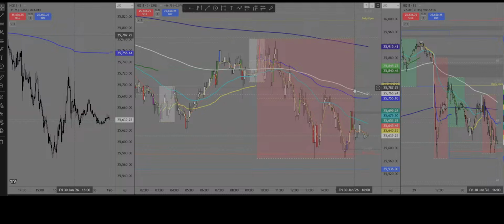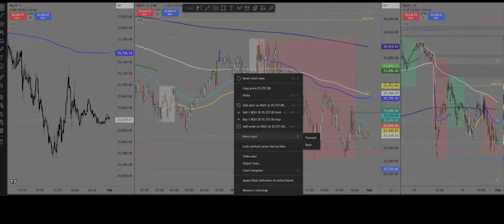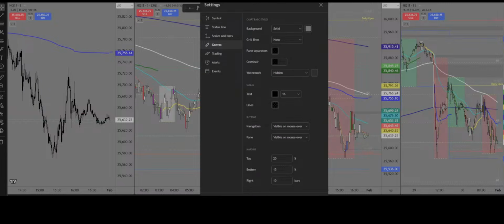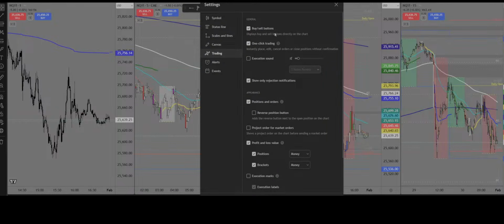Go to the trading option and turn off everything. What? Let me look. Oh, but then where would it put my buy and sell buttons? That is true, though. So how would I get it?